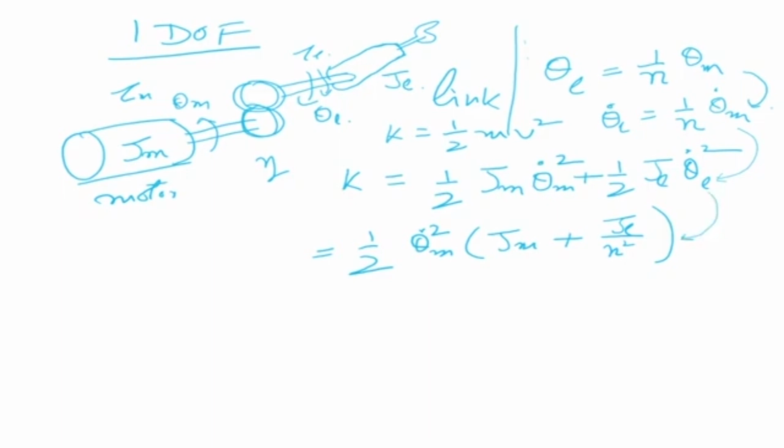Okay, so now what we are doing is we want to find the potential energy. So the potential energy, let's call it V, is equal to mgl into 1 minus cos theta L. Now if you look at this 1 degree of freedom link, where is the reference? Okay, suppose I draw the side view of this, from this view. So this is my link.